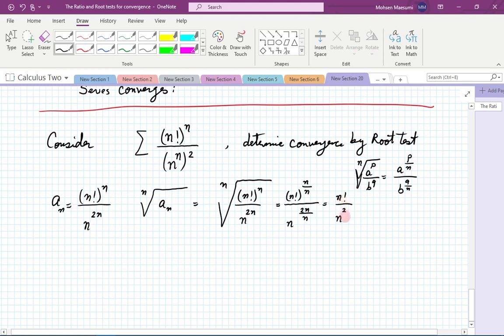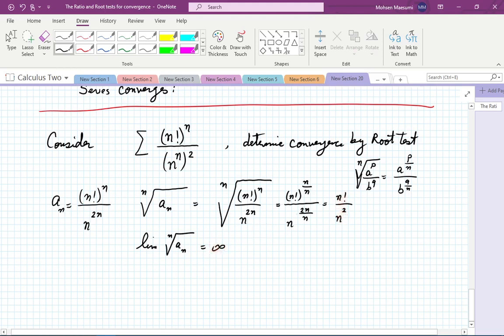As n gets larger and larger, you see that here you're just multiplying n by n. Here you're multiplying all the numbers from 1 to n. So which one do you think is going to be bigger? Obviously, the numerator turns out to be much bigger than the denominator. So as we take the limit of the nth root of a_n, factorial grows substantially faster than any polynomial, and the ratio goes to infinity.